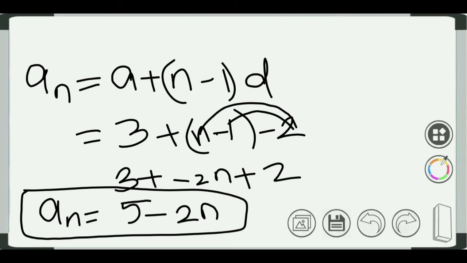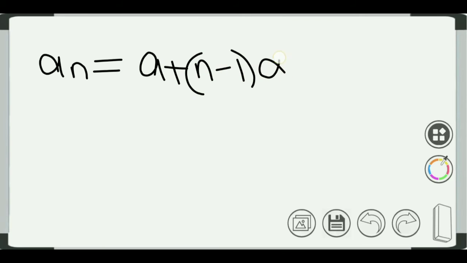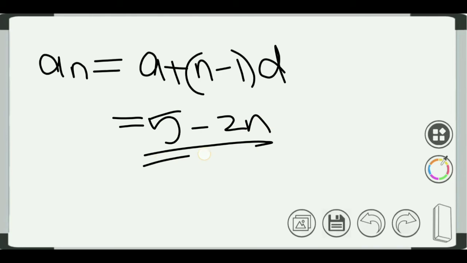Now what else do we need to find? Third term and 10th term. Right. We found an, 5 minus 2n, the nth term. Now can you find the value of a3? Easy, because we know the value of an.